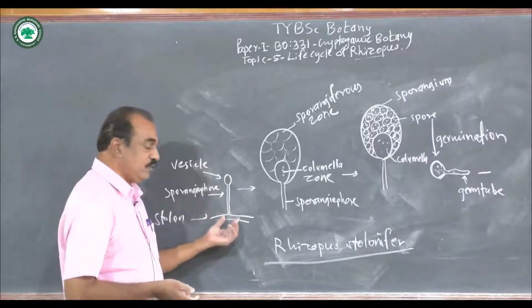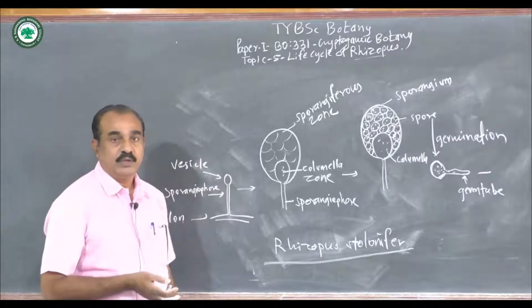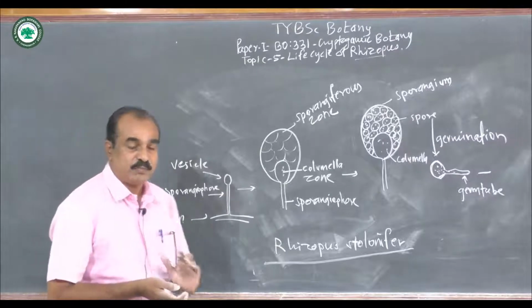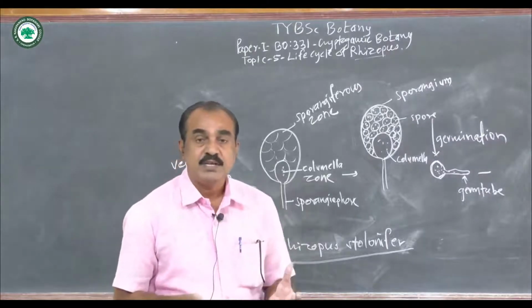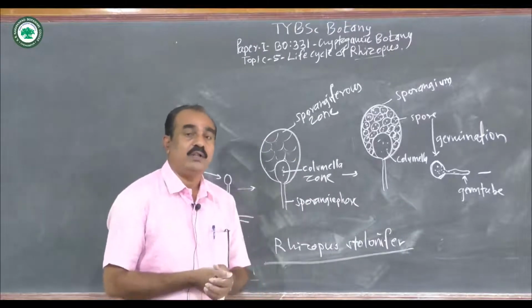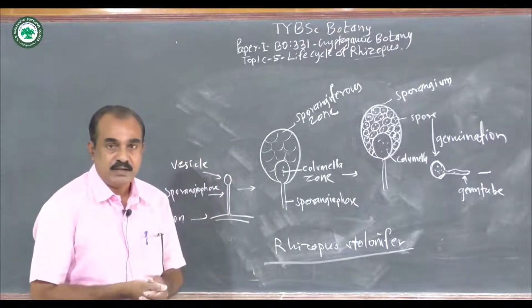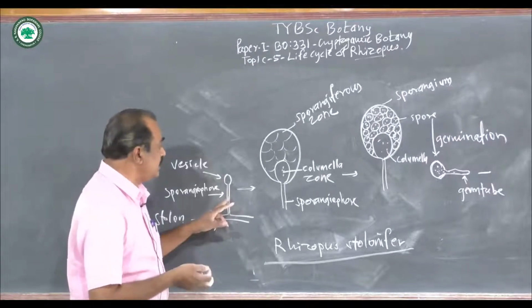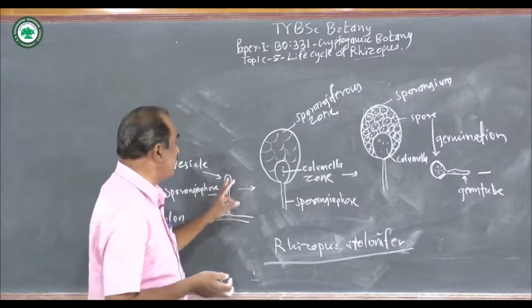Now the nuclei which are in the stolon and cytoplasm migrate into this sporangiophore. The sporangiophore at its tip develops a small circular structure called the vesicle. Now all the content, that means the nuclei, cytoplasm and other content in the sporangiophore, migrates into the vesicle.